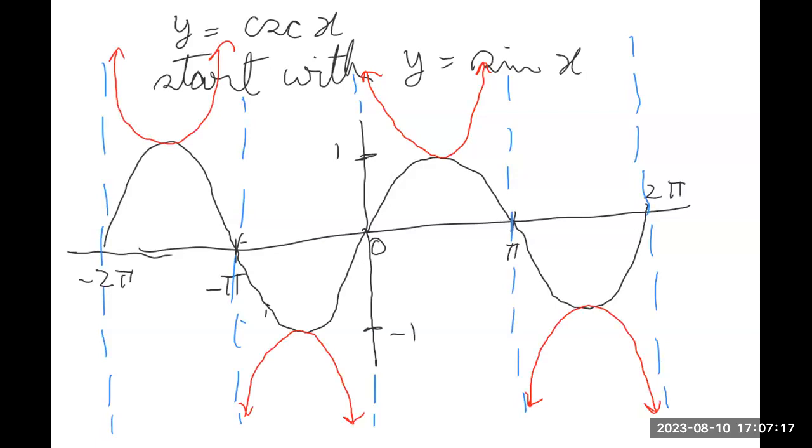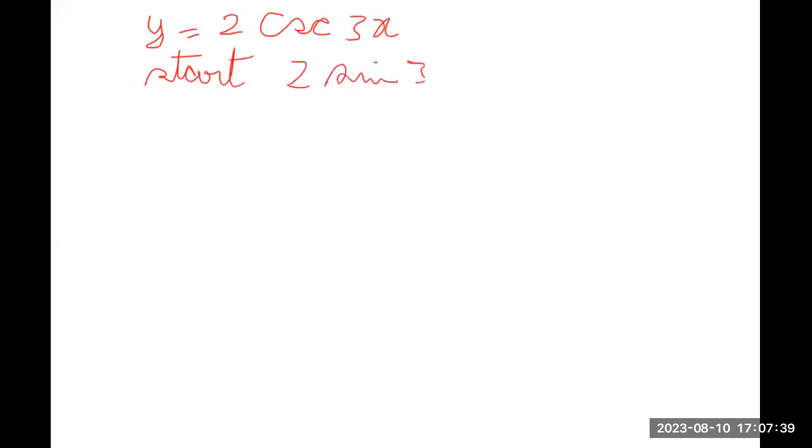So for example, let's consider y equals 2 cosecant 3x. So we're going to start with the reciprocal of that, so 2 sine 3x. First, we need to know the period of this function.